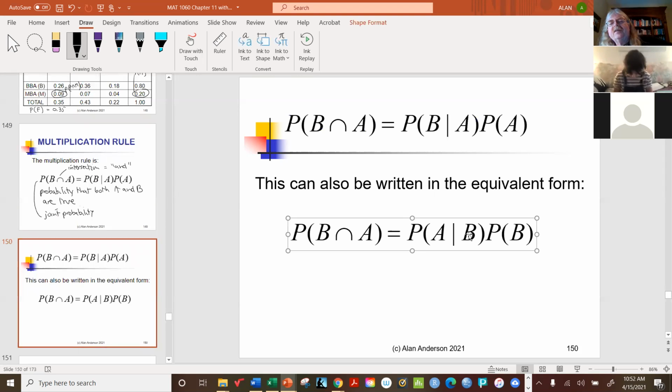In other words, here we have A given B times the probability of B, and both of these will give you the same results. But under some conditions, one of them may be more convenient than the other. It depends on what you're doing. So it's good to know that there's two versions of this rule. It's like having a second car. You've got your main car and then you've got the backup one in case something goes wrong with your main car.